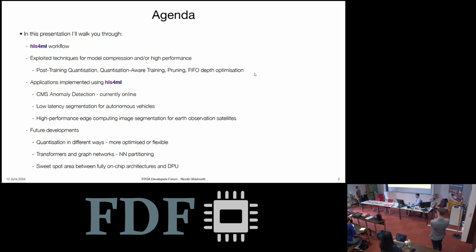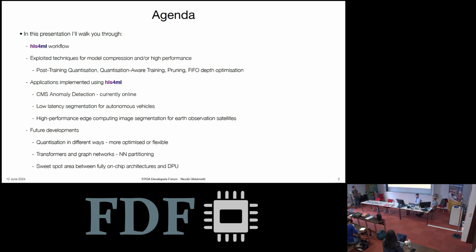Just a brief outline of what I would like to walk through now. HLS4ML is a Python library that is intended for implementing neural networks, quantized neural networks, on FPGAs. So today I would like to present a bit the workflow of the library.